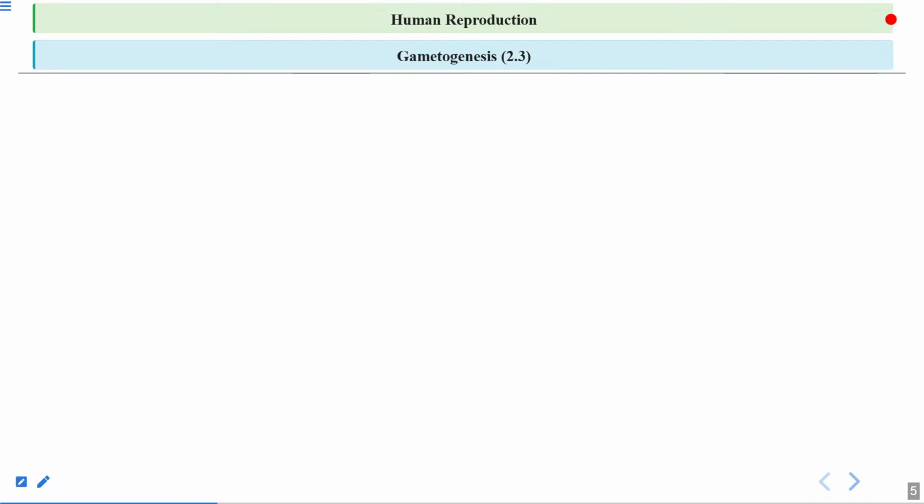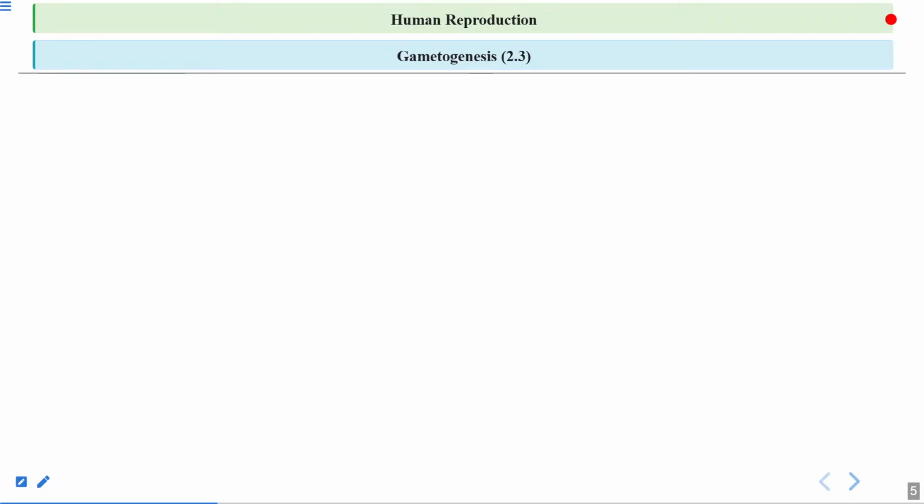So we were talking about gametogenesis. This is a broader term and it includes spermatogenesis and oogenesis. Spermatogenesis is the formation of male gametes, it happens in the males in the testes. Male gametes are known as sperms. And oogenesis is the formation of the egg, or you can say ovum.